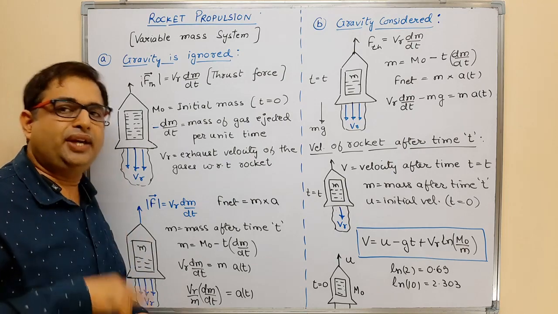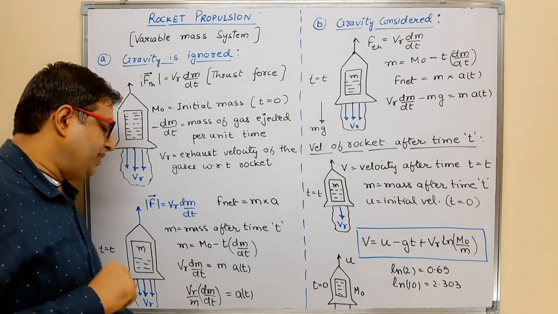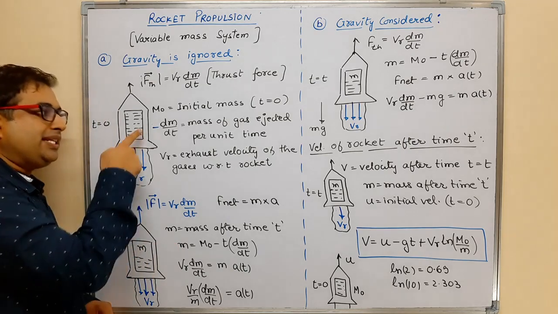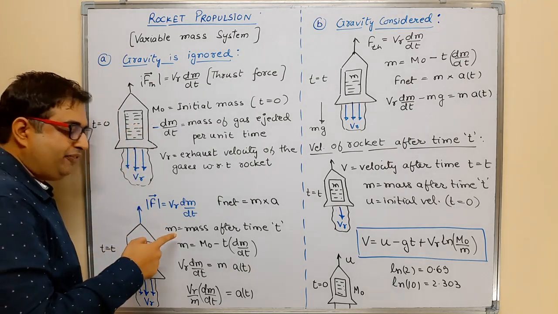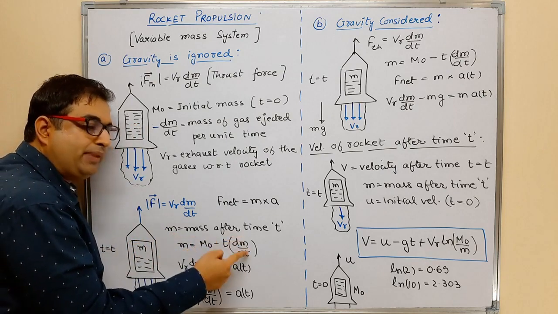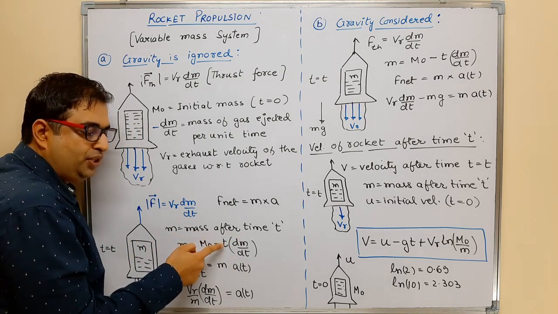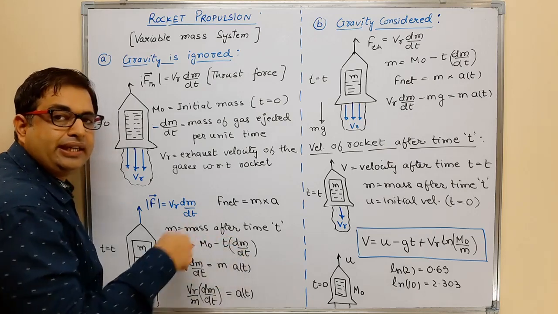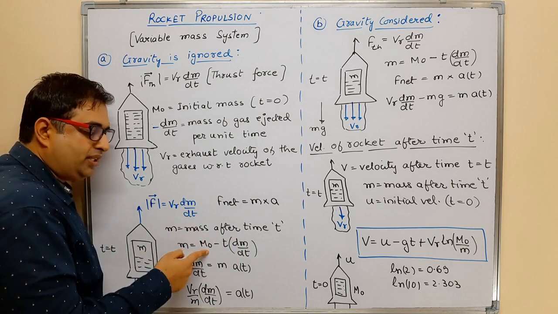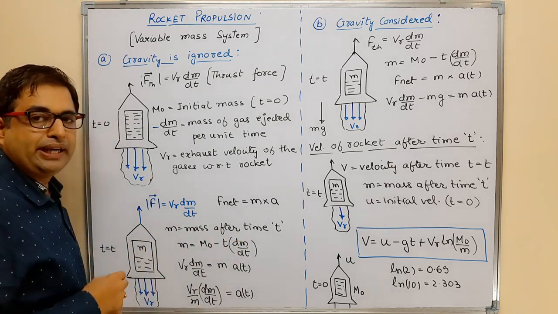It is t into 10. In the same way, mass of the rocket after time t is less than m0, and the value of m is m0 minus t into dm by dt. For 2 seconds, 2 into 10, 20 kg decrease in mass. So mass at any time t is m0 minus t into dm by dt.